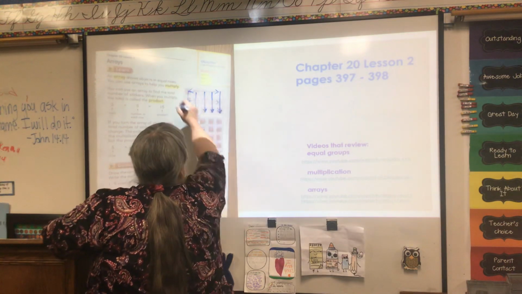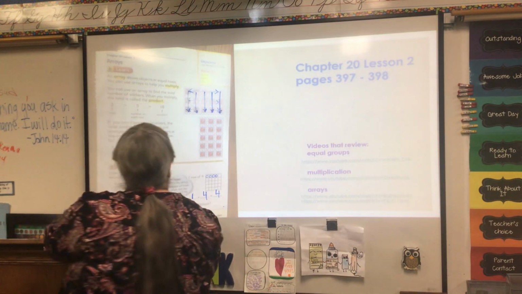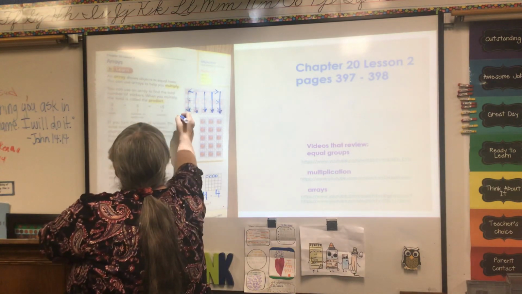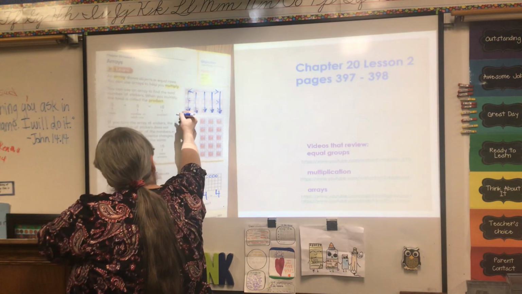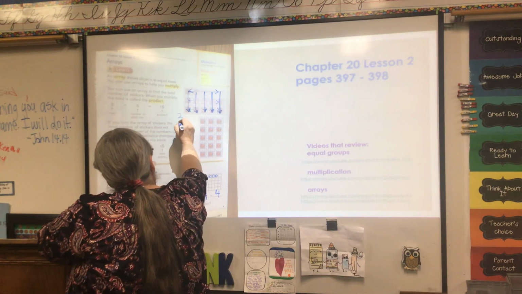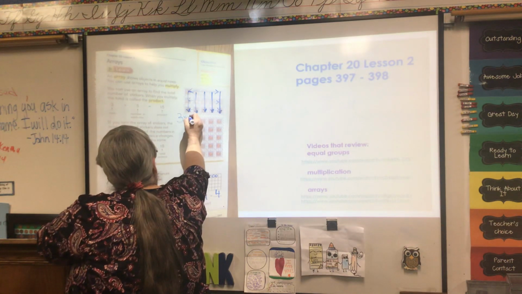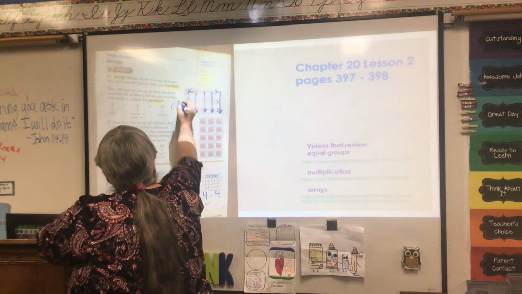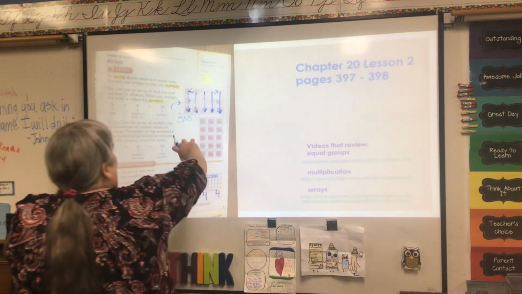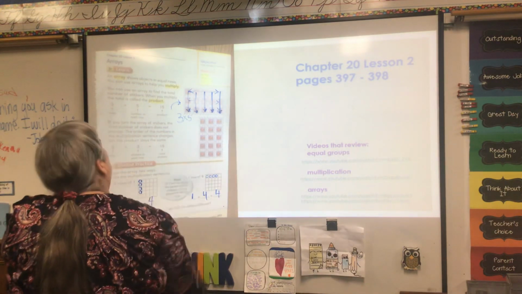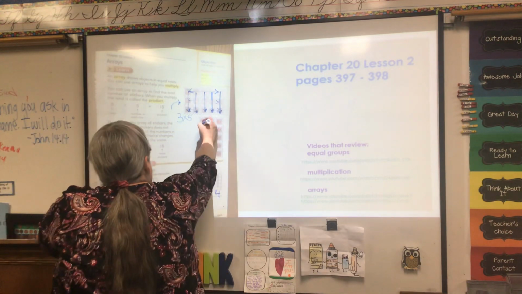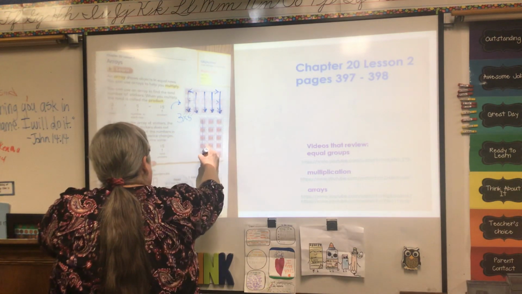So this looks like this is the math problem that they have up here, 3 times 5. And then they've turned it this way. And so now we have our columns like this.